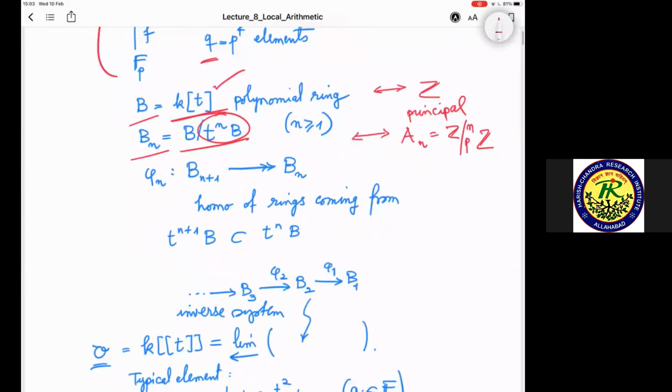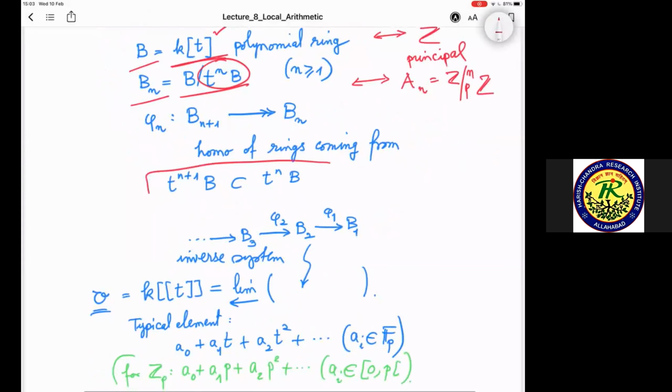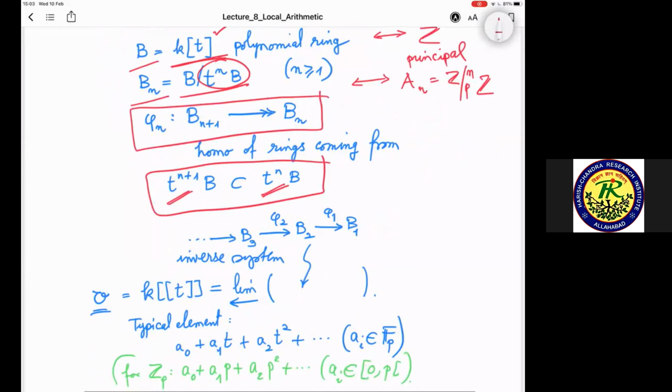And of course, because of the inclusion of ideals, every multiple of T to the n plus 1 is of course a multiple of T to the n. Because of this inclusion of ideals, we have this map phi n, which is a homomorphism of rings.